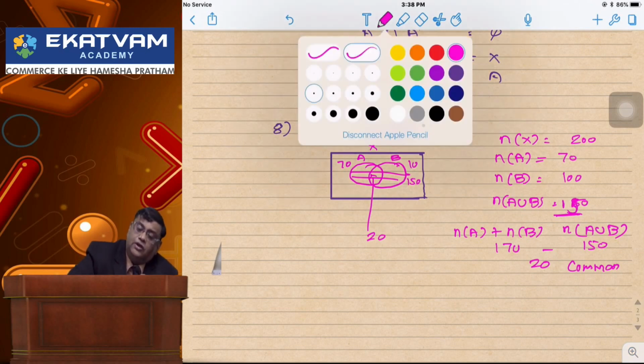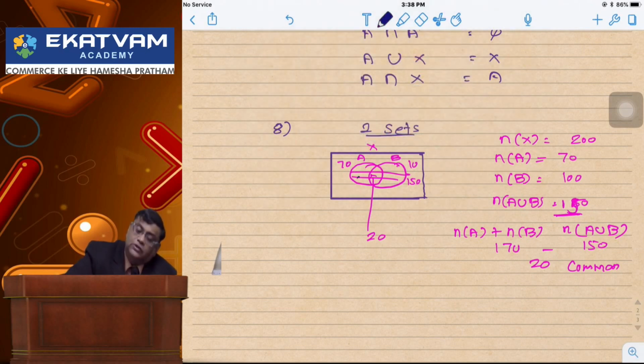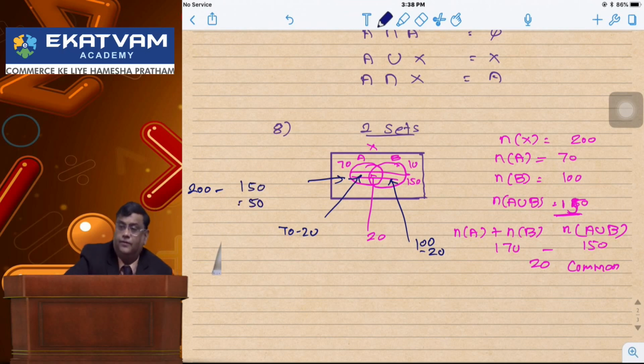Now if that is true, tell me what will be only A. It will be 70 minus 20. What is only B? That is 100 minus 20. And then tell me what will be neither A nor B. That will be 200 minus A union B, which is 150. So that is going to be 50.